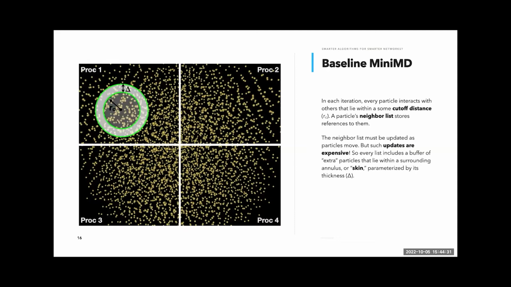To reduce that cost, every list includes a buffer of extra particles. This buffer lies between two circles shown in this figure. The parameter delta in the figure is a tuning parameter that determines how frequently we need to update the neighbor lists.